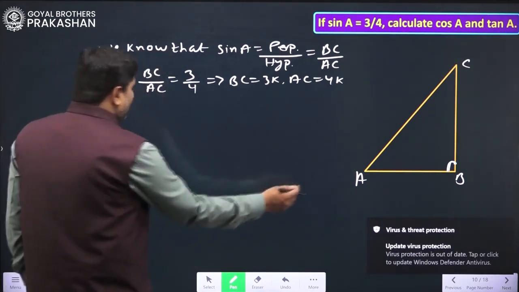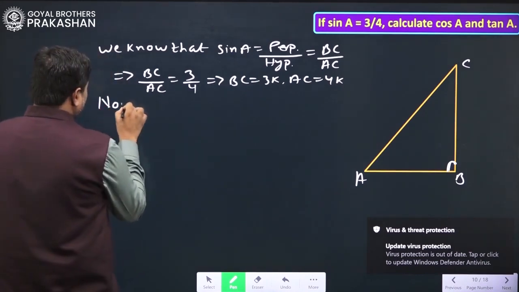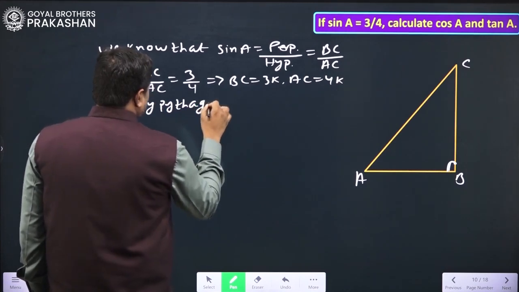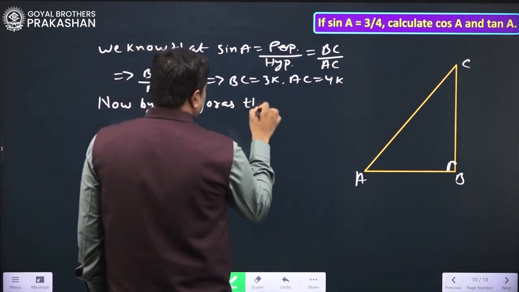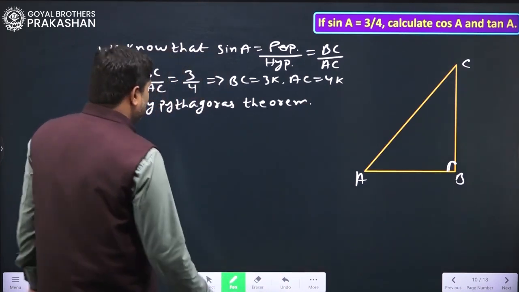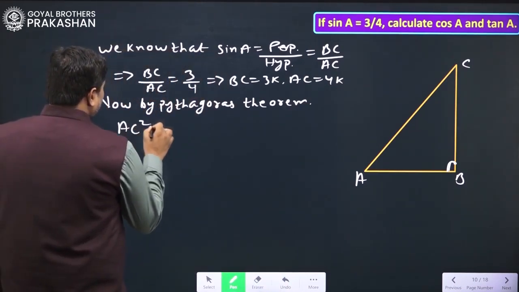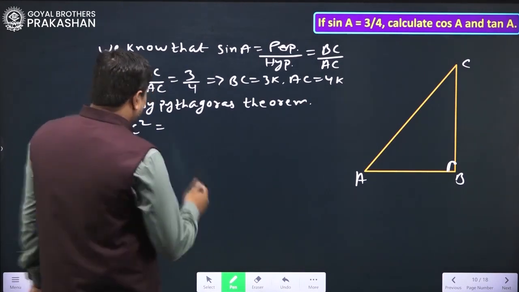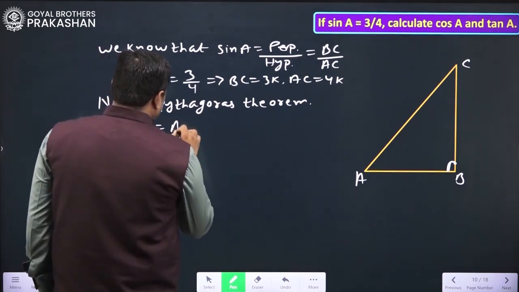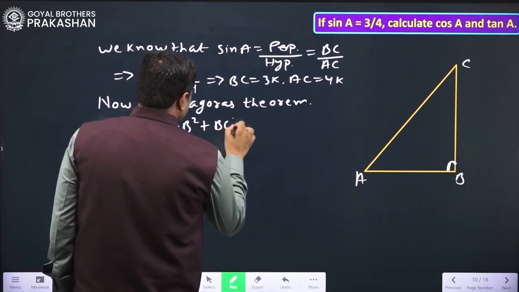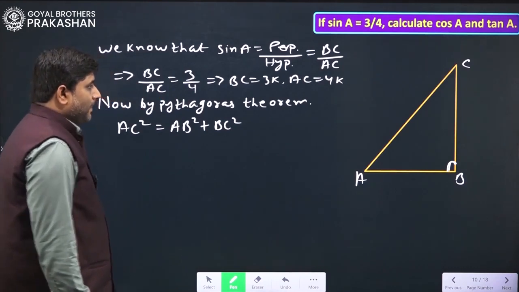Now, by Pythagoras theorem, we know that hypotenuse square is equal to sum of squares of the two sides. So we can write AC square is equal to AB square plus BC square.